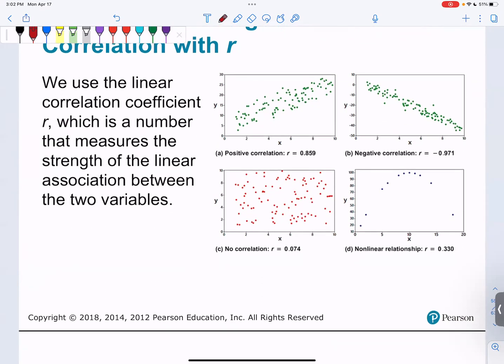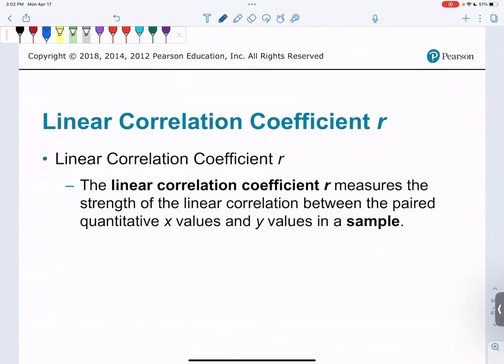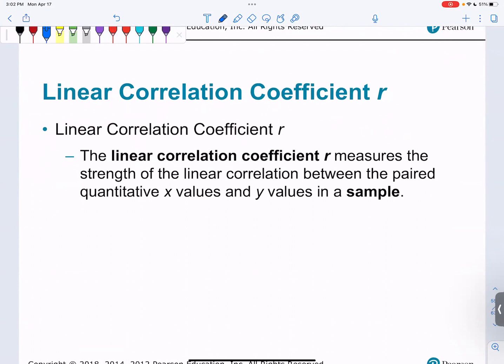So as a summary for those, we did say positive linear, negative linear, non-linear, no correlation. Okay. And then we will see how to calculate the factor of this correlation.